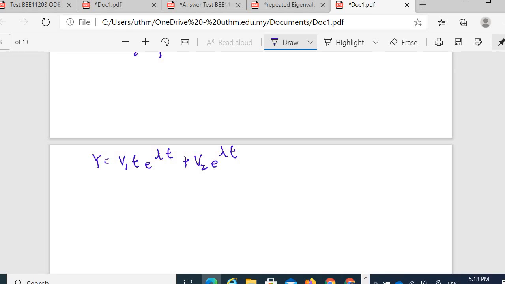So here again you differentiate to get y prime. Using the product rule, you get v1 t lambda exponent lambda t, plus exponent lambda t v1, plus lambda v2 exponent lambda t.